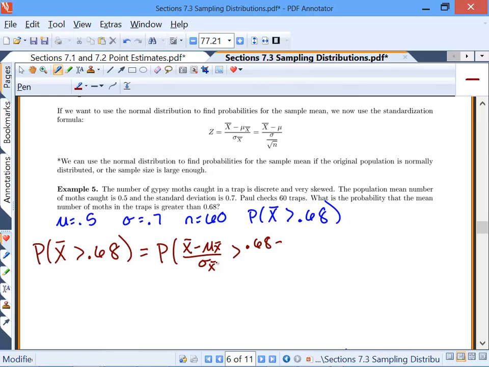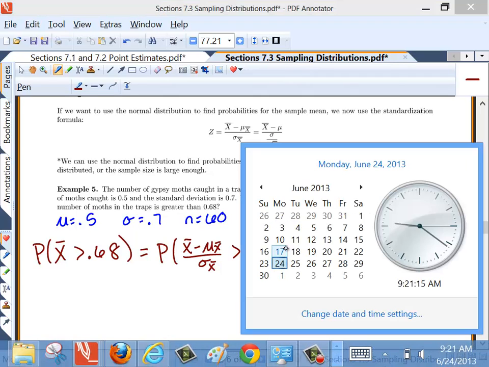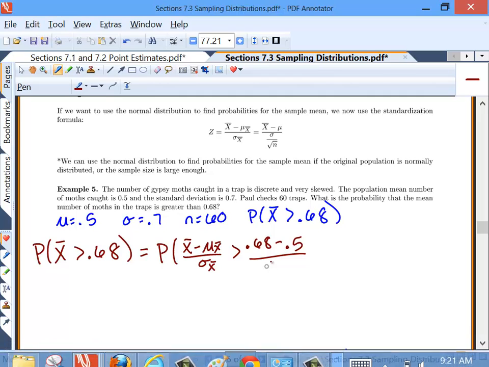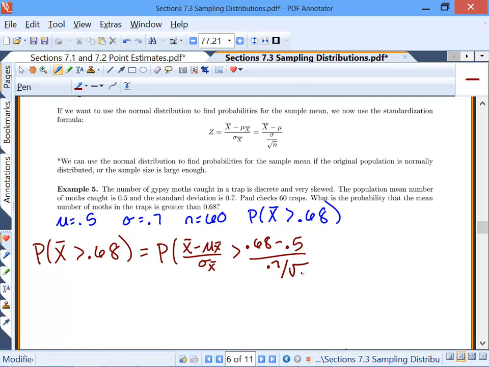We know that if my population mean is 0.5, then my mean for x bar is going to be 0.5, and my standard deviation is 0.7, but I have to divide by the square root of my sample size. So this will be the probability that z is greater than 1.99.